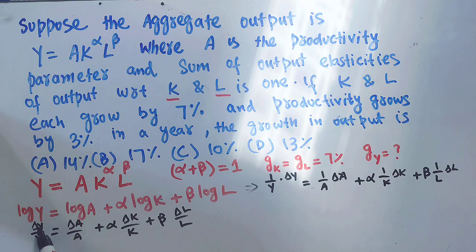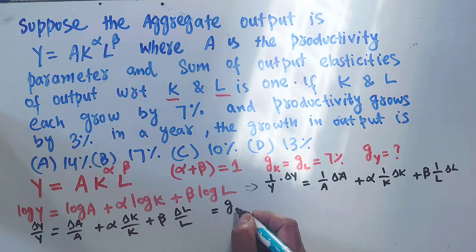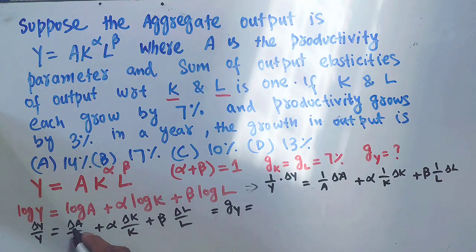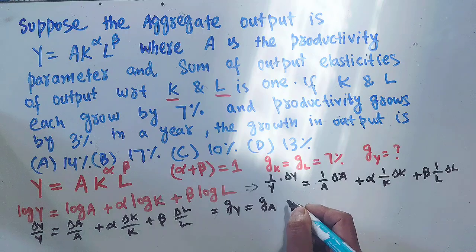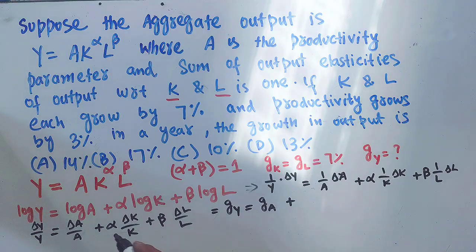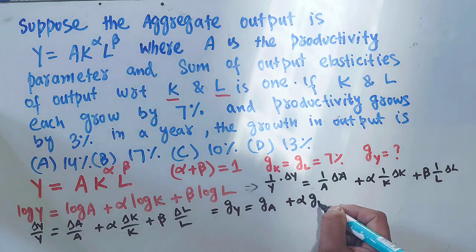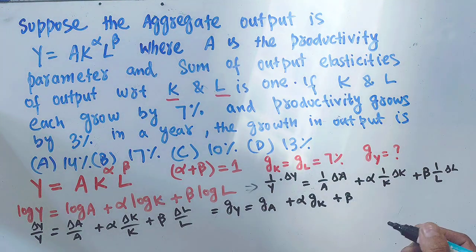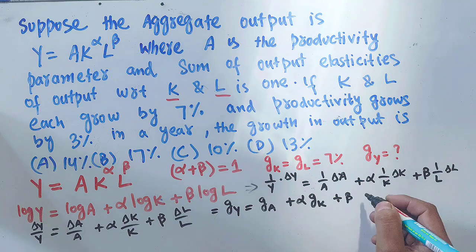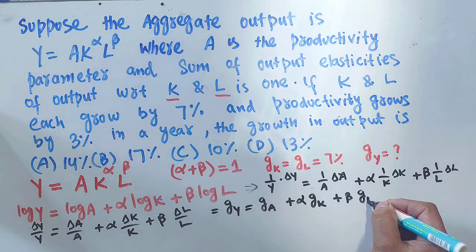So how much output increases divided by the initial output shows us the growth rate of output, which should be equal to the growth rate of the state of technology or productivity parameter, plus alpha times del k upon k, which shows us the growth rate of capital, plus beta times del L upon L, which shows us the growth rate in labor.